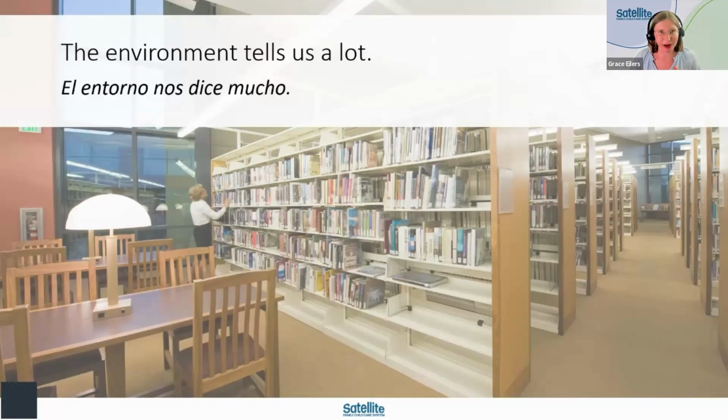So for example, how this library may use the Dewey Decimal System to classify and categorize books on the shelves, so that way I know how to find and replace one on my own. So as we continue, consider what messages you hope your children receive from the program's environment.